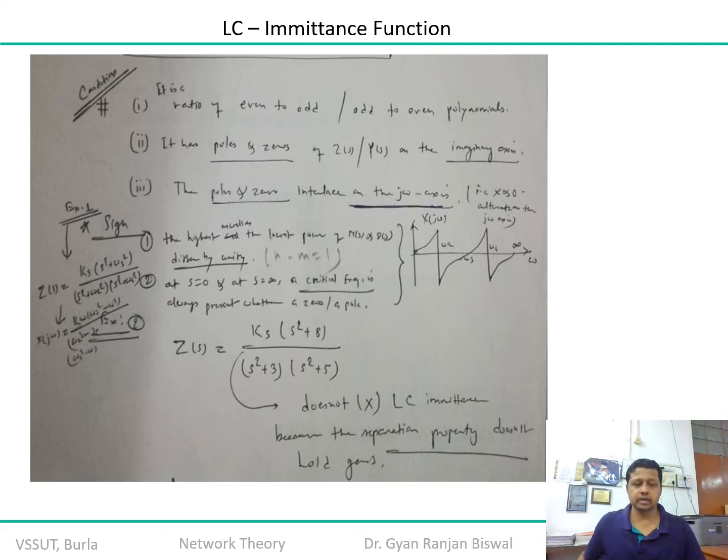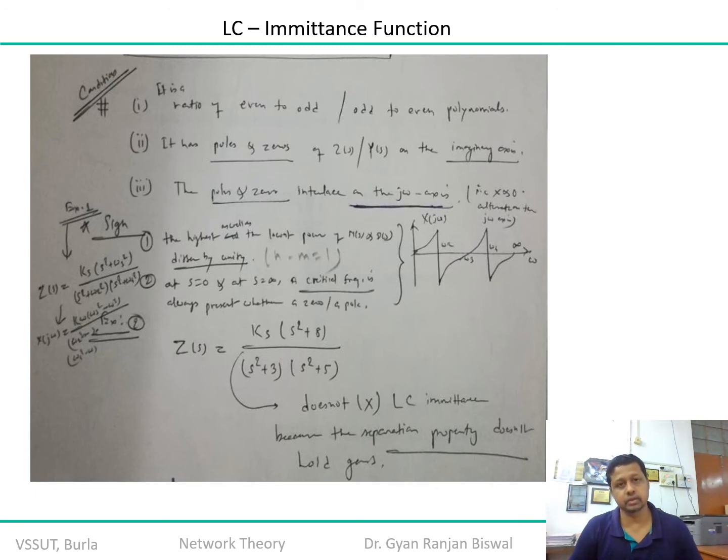As you can appreciate, it satisfies condition number one, that the difference between the highest and lowest order coefficients of the numerator and denominator is 1. The highest order in the numerator is s raised to 3, and in the denominator it is s raised to 4. The lowest order in the denominator is s raised to 2, whereas the lowest order in the numerator is s raised to 1.